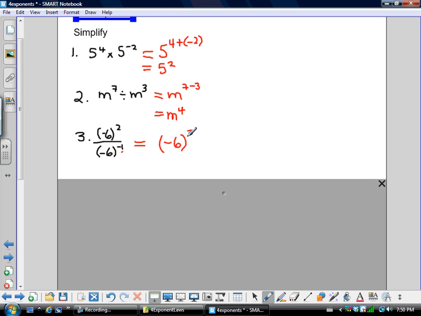I have 2, and I'm taking away a negative 1. Now watch out for your integers here. I'm taking away because of the exponent law, and my power here is negative 1. So really what I have here is 2 plus 1. So my answer is negative 6 in a bracket to the positive 3.